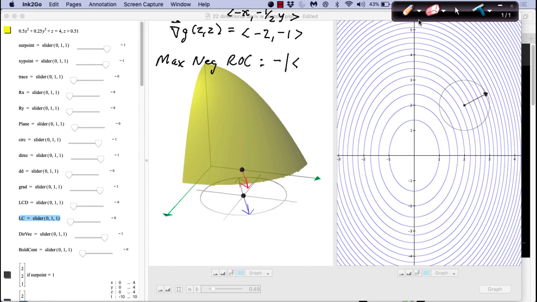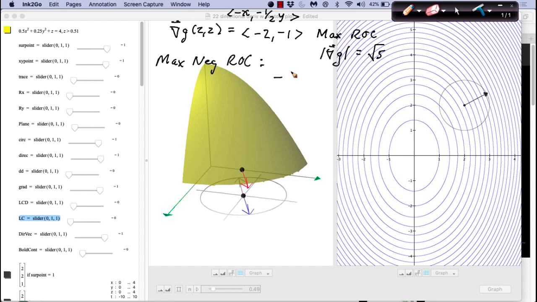So yeah, we were talking about direction, and we lost sight of the actual rate of change. Do you remember what the actual rate of change in the max rate of change was? We said the magnitude of the gradient. Remember that? So what is the max rate of change in this case? Square root of 5, the magnitude of our gradient vector, in the direction of the gradient vector. Okay, so the max negative rate of change is going to be the opposite of that.